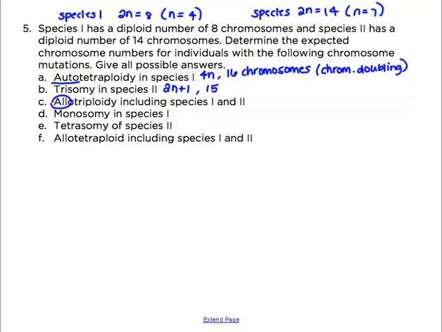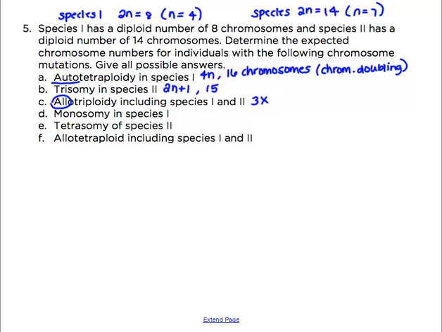So it's saying here it's including both of the species. So allotriploidy we can write as 3x. Now when it's an alloploidy, we usually write the chromosome content as a number times x instead of a number times n, just to show that these chromosomes are coming from different individuals.